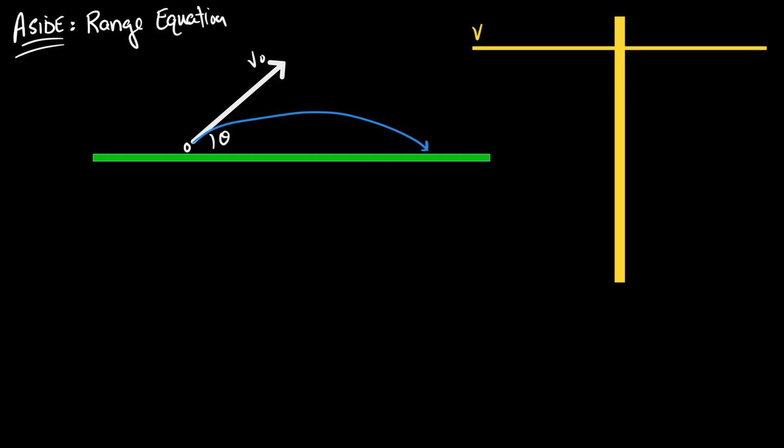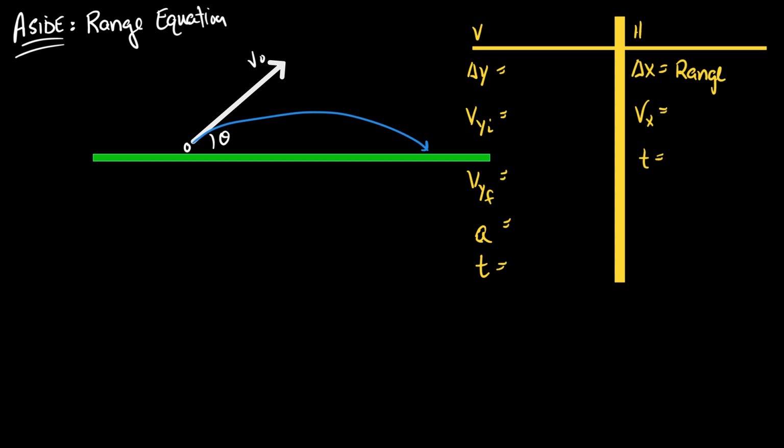I know that in the vertical direction, we're going to have delta y. We're going to have Vy initial, Vy final, acceleration, and time. On the horizontal side, we'll have delta x, also known as the range, Vx, and t. Now, we know that these are the vector quantities.